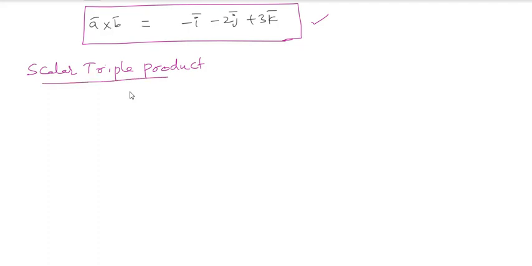So far we have given only the double product. Now I am going to the concept of the triple product.